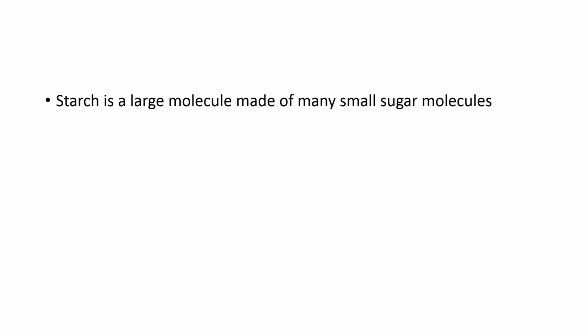For example, starch is a very large molecule that's made of many, many small sugar molecules. Amylase is the enzyme that helps to break starch into sugar. So if you combine starch with amylase, it will get broken up into the sugar molecules, and those sugar molecules are then finally small enough to pass into the cells in your body.